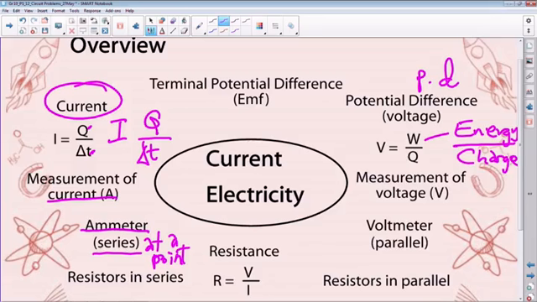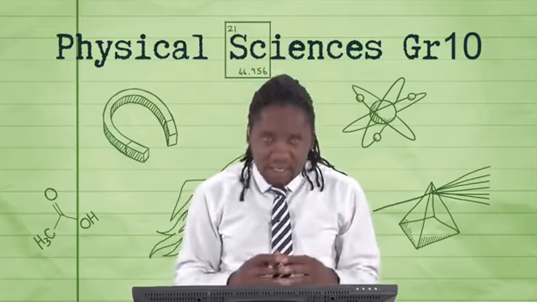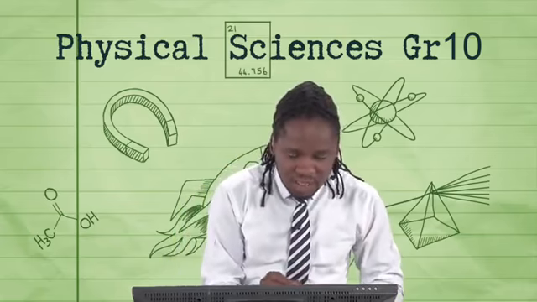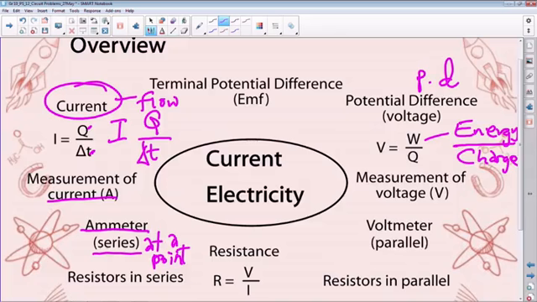The cell or the battery provides a source of potential difference by changing chemical energy, which is contained inside the battery, into electrical energy, where we have this current flowing. So the flow of current is a result of potential difference, or the EMF, which is the maximum energy that a cell or a source can supply when no current is flowing. So this happens when there is no current flow.